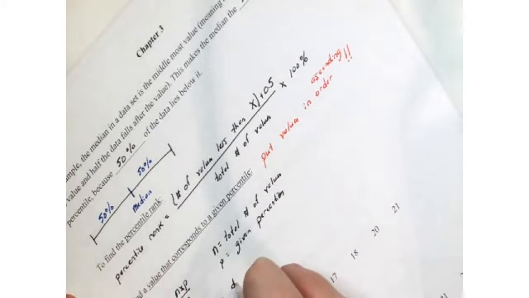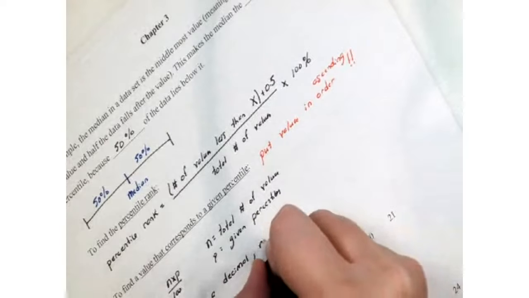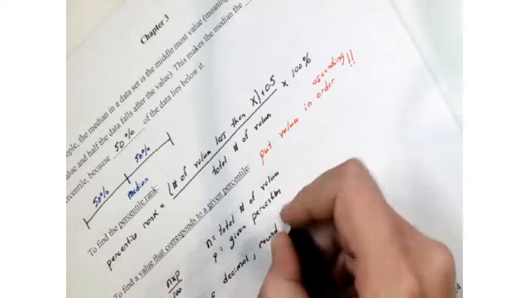So, if C is a decimal, round up to the next whole number.